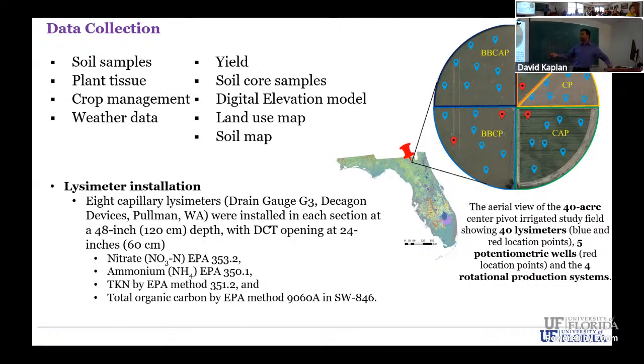But what it does is collect the drainage water in a reservoir, and we collect that sample and see what's the volume drained from below the root depth, right? And then we take some sample out of that and test it for different parameters like nitrate, ammonia, total nitrogen, total organic, right? The idea behind that is to quantify the leaching.